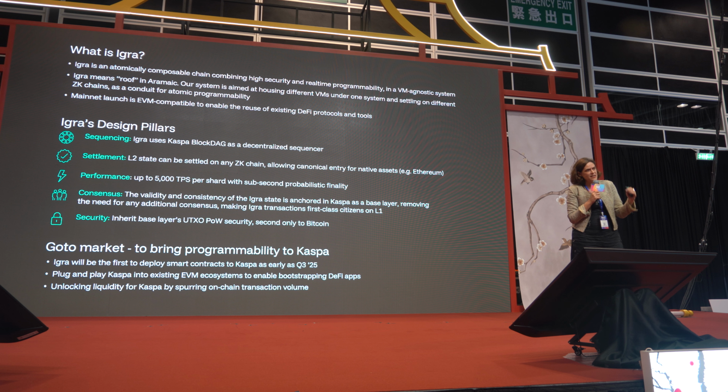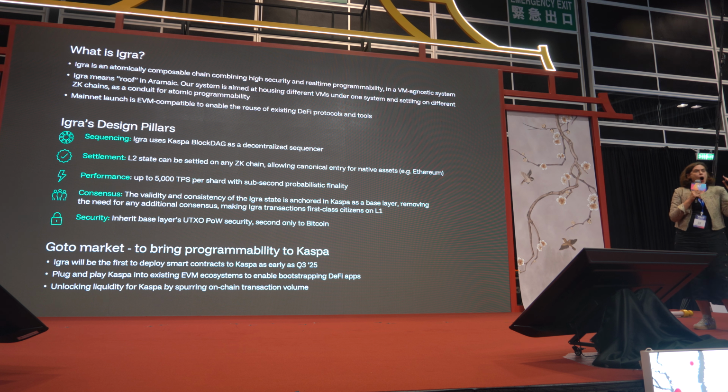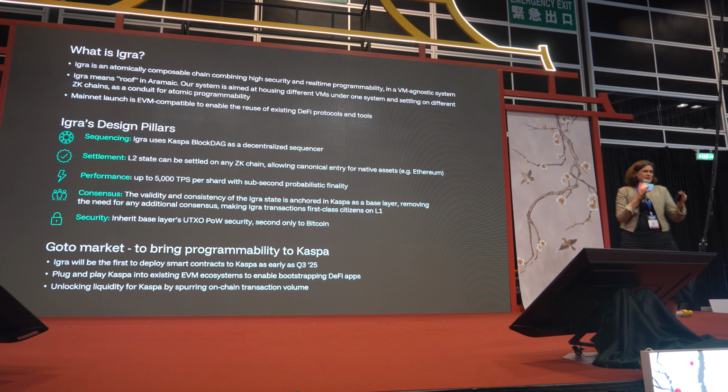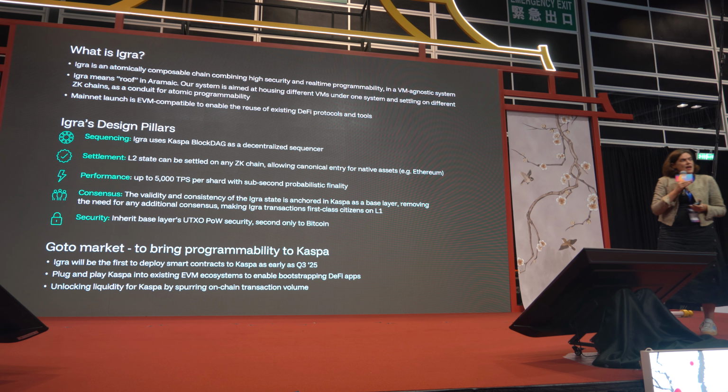The validity and the consistency of different state transitions between different logic zones, as we heard in the previous panel, are going to be validated and verified through Kaspa as the base layer. And of course, let's not forget the fact that due to us building on Kaspa, we ultimately inherit a Bitcoin-grade proof of work security that is second only to Bitcoin.